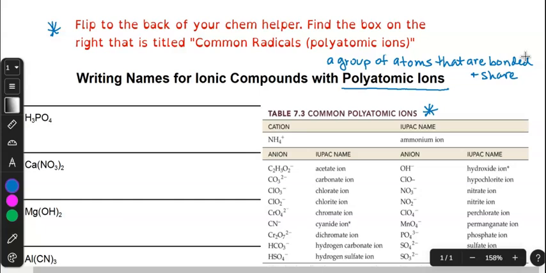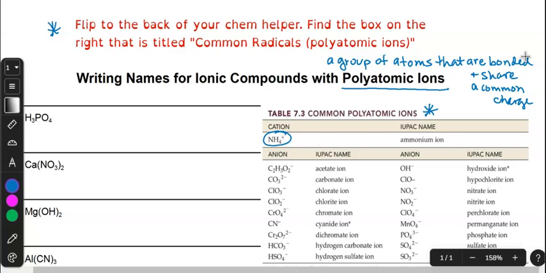For instance, this one here is ammonium. What this means is that one nitrogen bonded to four hydrogens doesn't have a neutral charge like a compound would. Instead, it has a +1 charge.